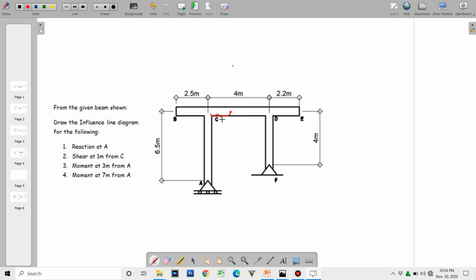We take note that this is equal to 1 meter, and the remaining dimension that was enclosed by the other support reaction is 3 meters. So apply the rule. We're gonna let that deflect downwards.